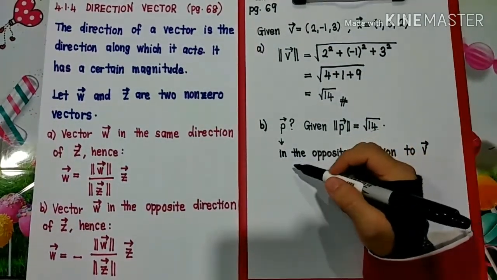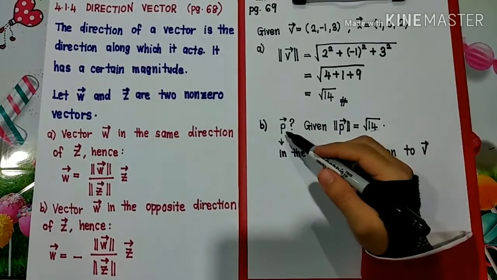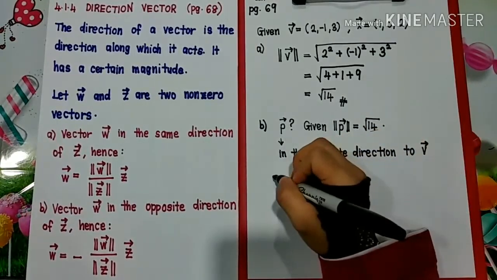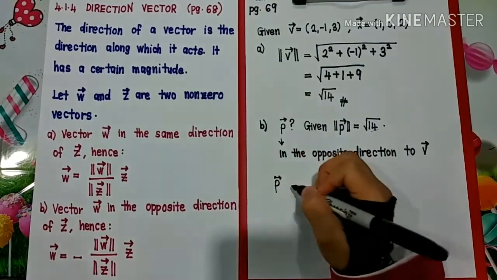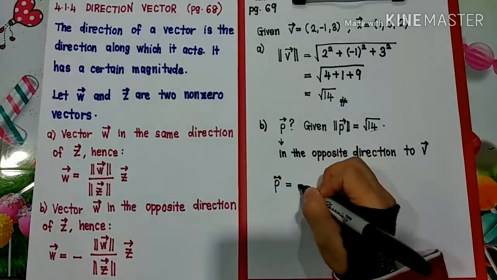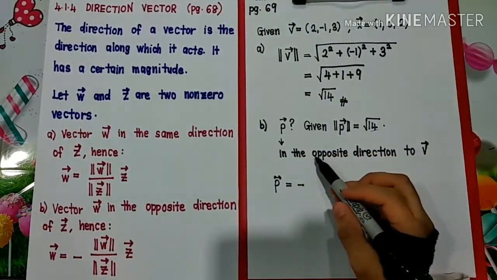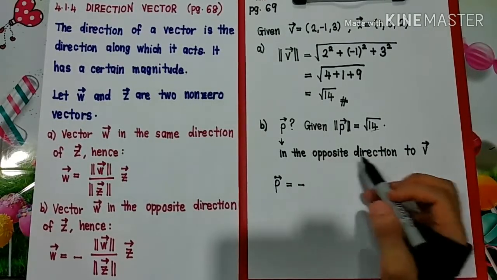Now we can solve for the vector P. So how can you find P here? Vector P here equal to negative, because P here is in the opposite direction.